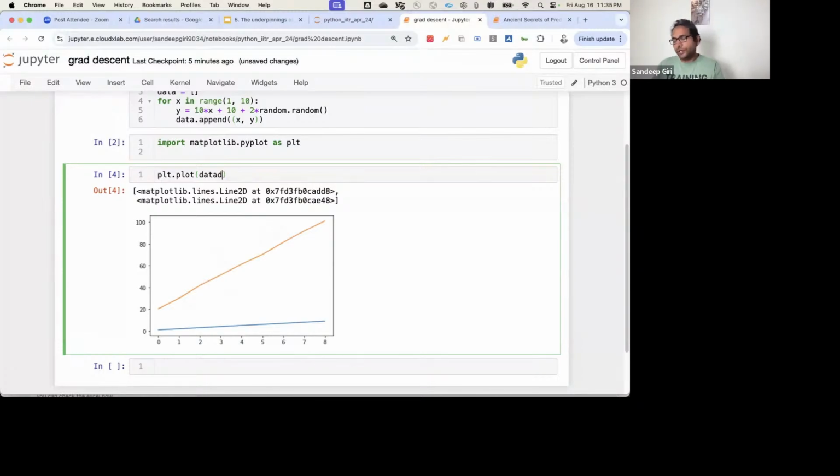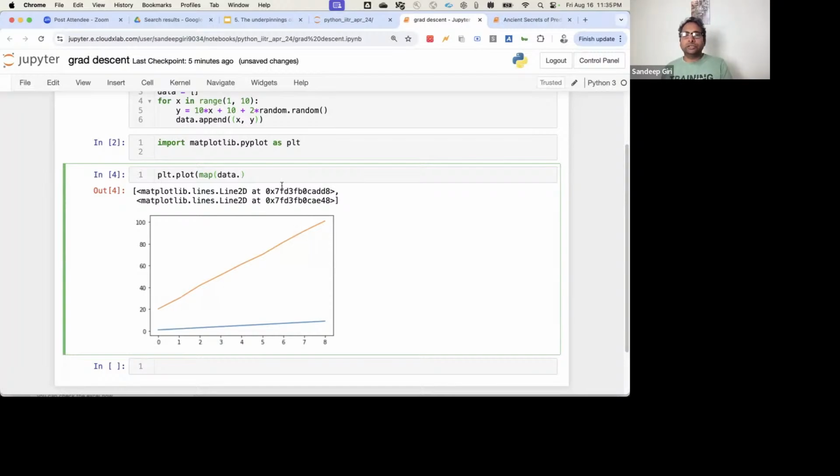What would be a good way of getting the x? Data dot, oh man. What if I just take this out for a moment? I think what it has done is it has put this separately.